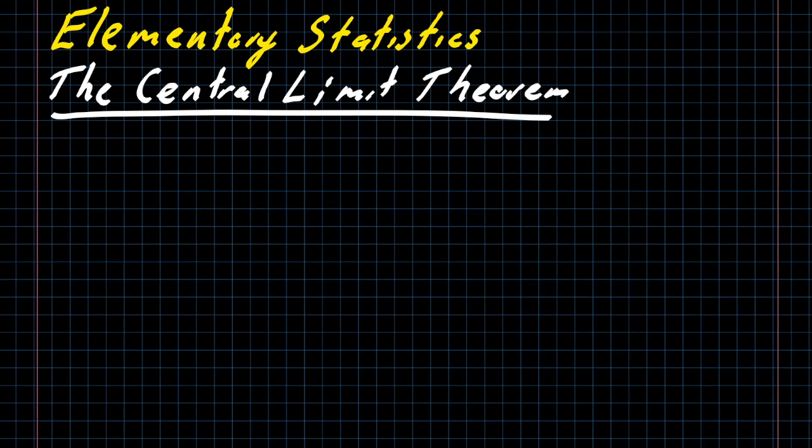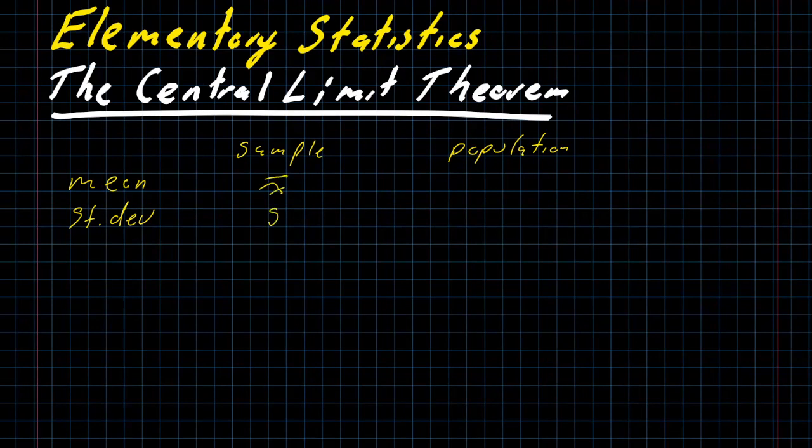And first thing I want to do is the central limit theorem, or the discussion around the central limit theorem, will finally address the question: why do we use a different variable for the mean and standard deviation of a sample compared to the mean and the standard deviation of a population?